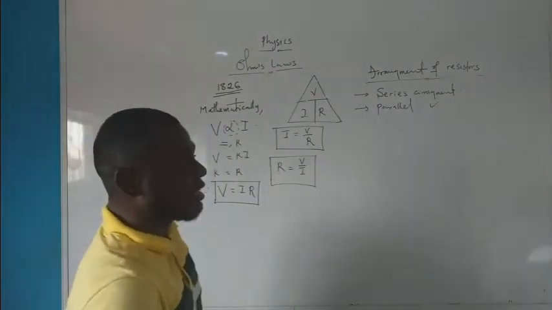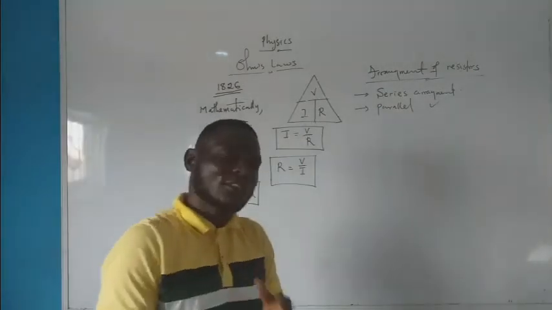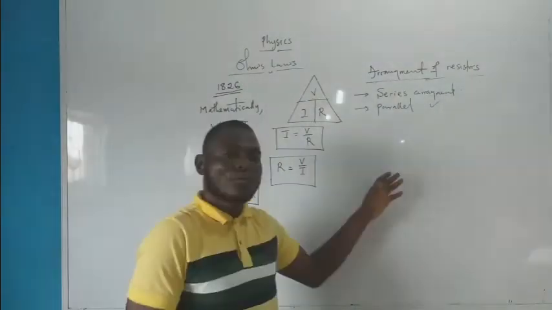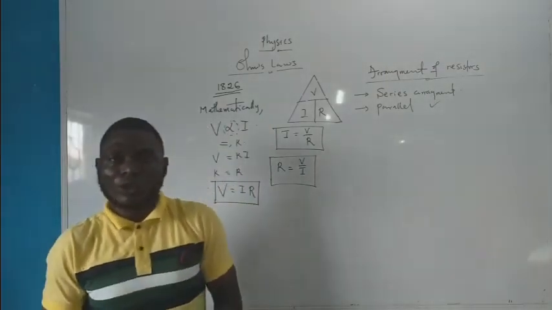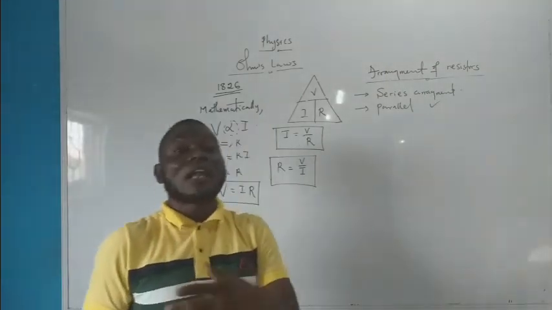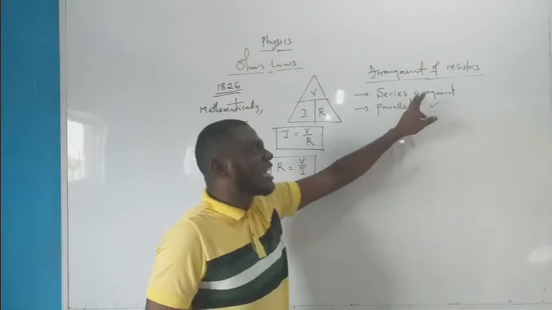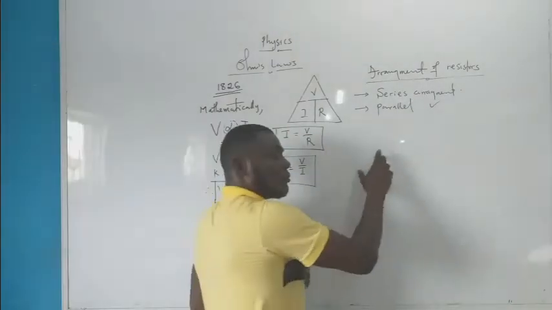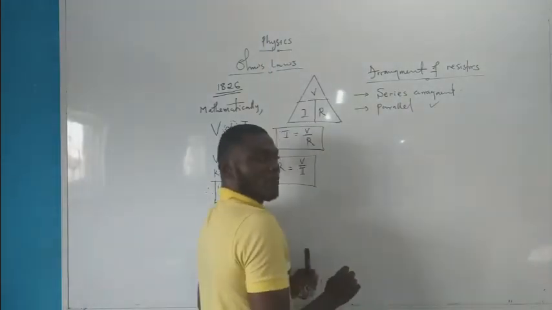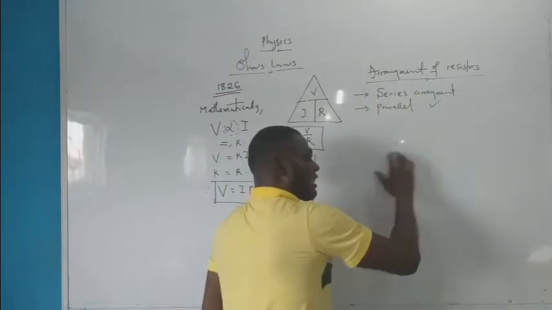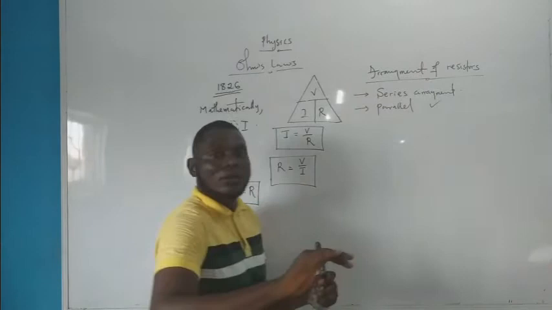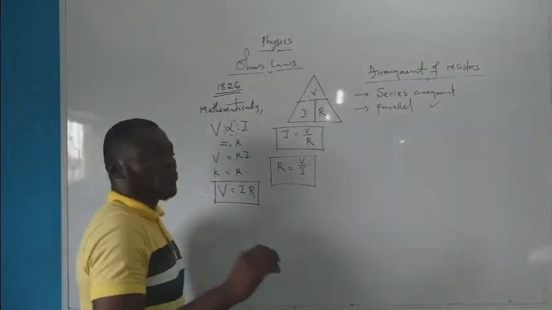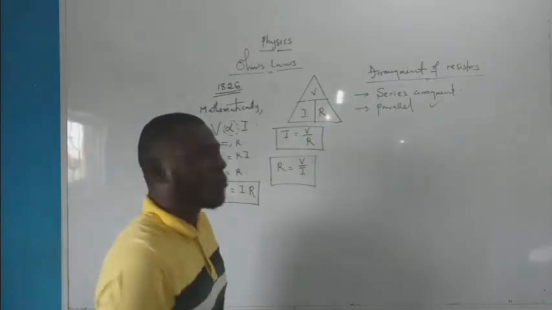In a series arrangement, when two or more resistors R1, R2, and R3 are arranged in series, the same current flows through them, but they have different potential differences, that is, different voltage drops.